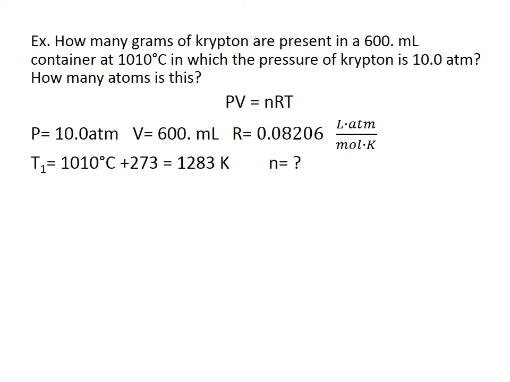Our T, our temperature, is 1010 plus 273, so that's 1283 Kelvin. We don't know our number of moles. To find grams, we must know number of moles first. So we find our number of moles.